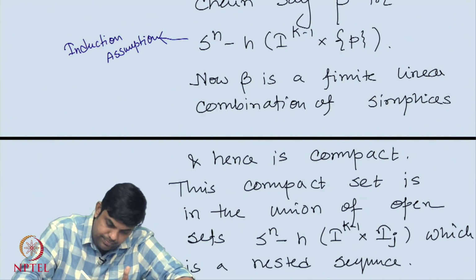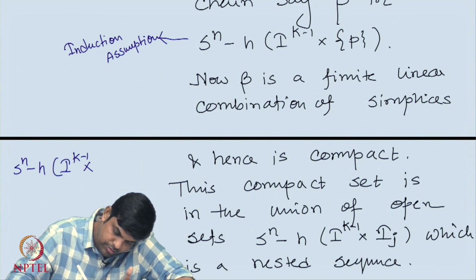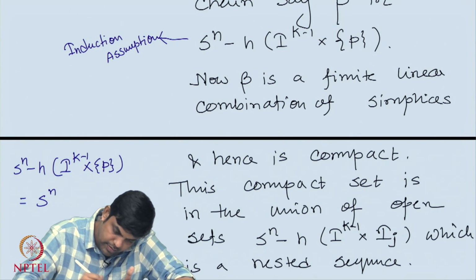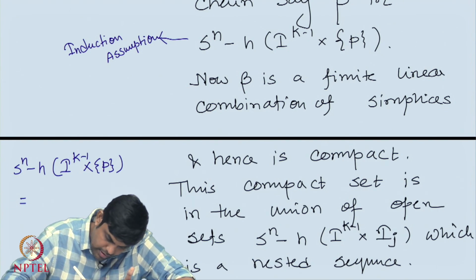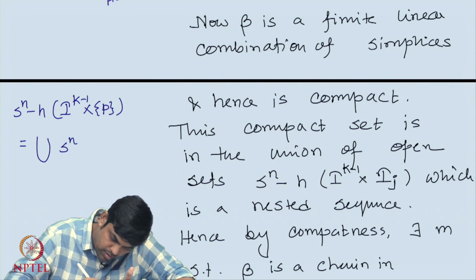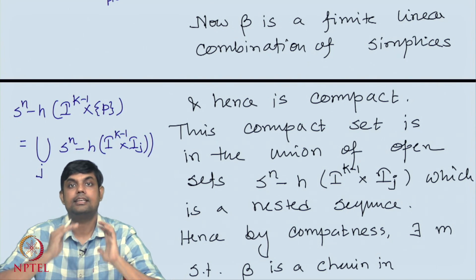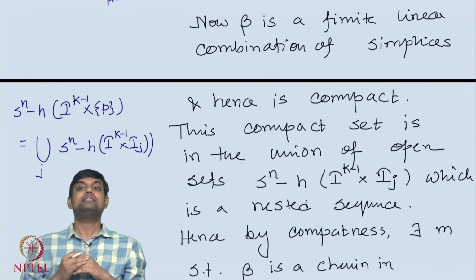S^n minus h of I_{k-1} cross p is nothing but the union over j of S^n minus h of I_{k-1} cross I_j. Everything is happening in the complement. And these are a nested sequence of open sets.